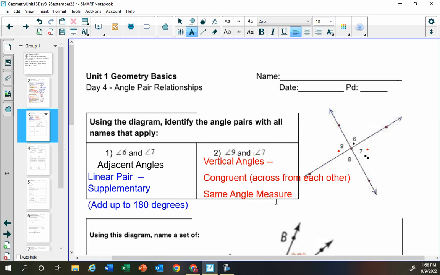These are definitely going to be things to know down the road. So I say complementary, they add up to 90. Supplementary add up to 180. Vertical, congruent. That means same angle measure. So these are definitely things to think about as we proceed, not only for the unit, but throughout the year. Questions?